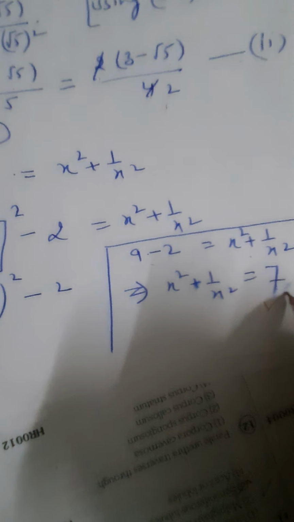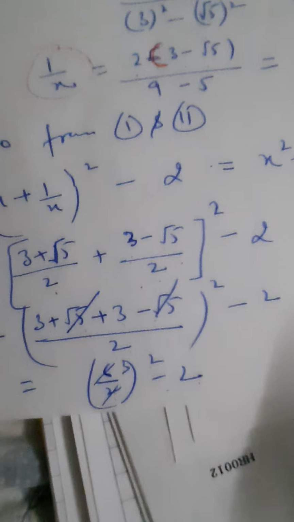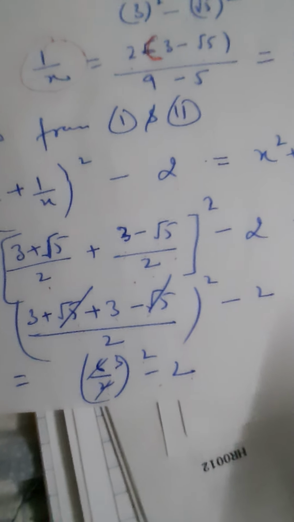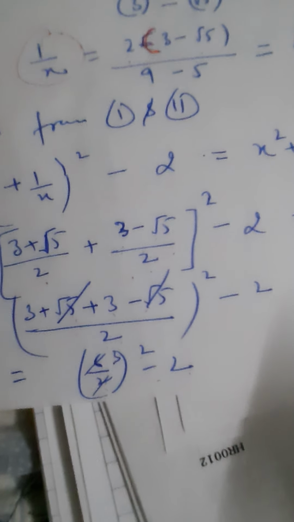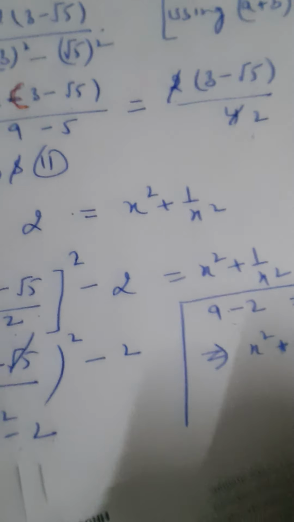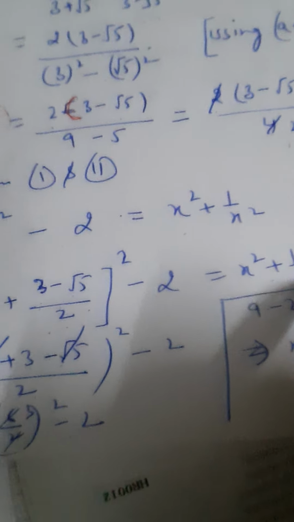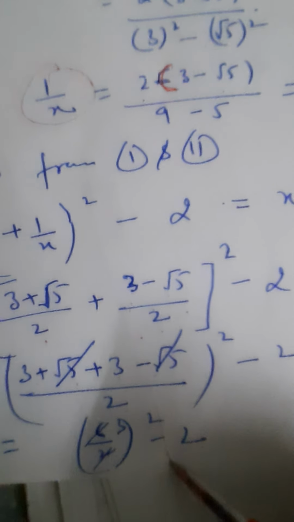Clear? Just see this step once again. 6 I have cut by 2. 3 square 9 minus 2, that is 7, because at the right hand side we had x square plus 1 by x square, means all this calculation we were doing for x square plus 1 by x square.